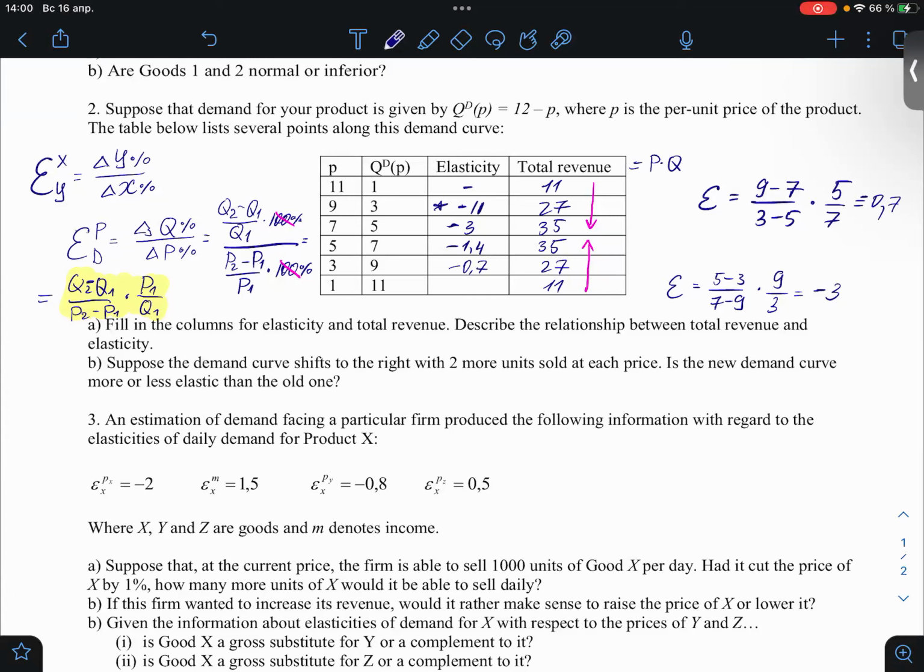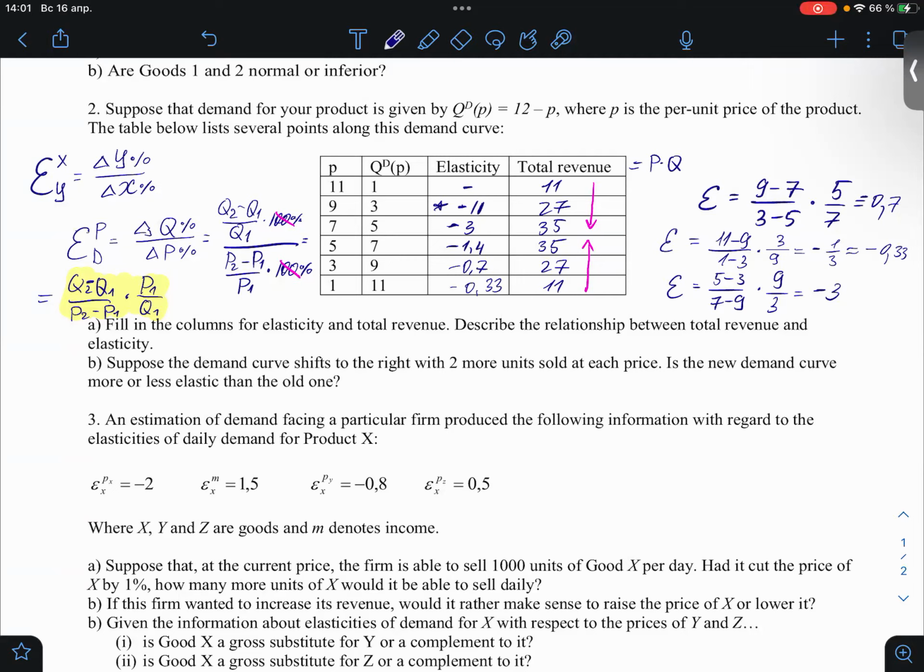And last, elasticity equals 11 minus 9 over 1 minus 3 multiplied by 3 over the first quantity, 9. And this is 1/3, minus 1/3, or minus 0.33 approximately.